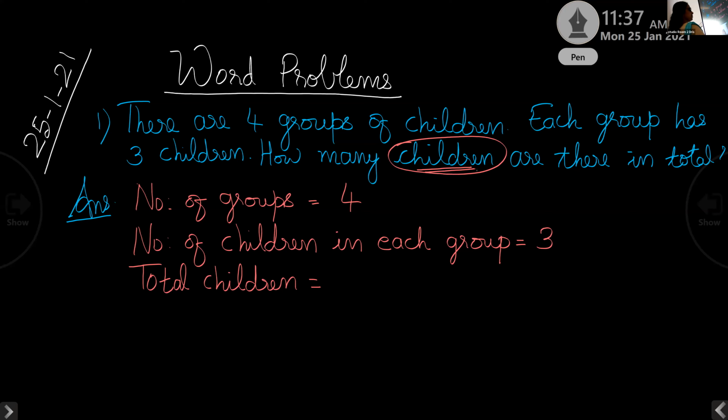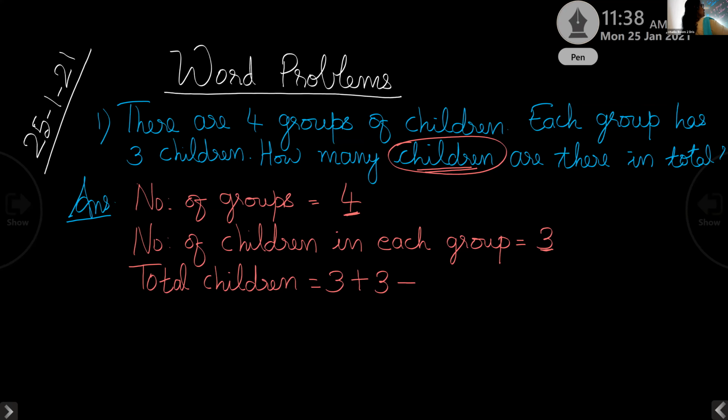How many times? 4 times. Good. Number of children is to be repeated according to the group. So number of children is 3, and it is repeated 4 times because number of groups is 4.